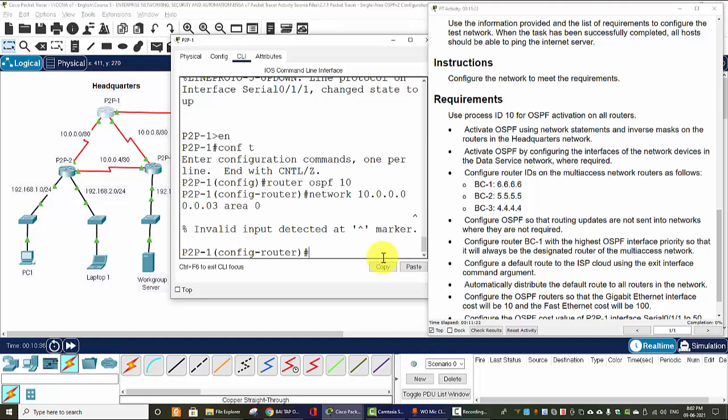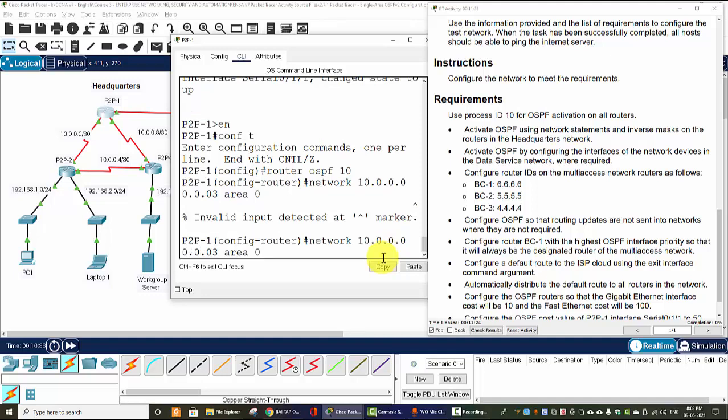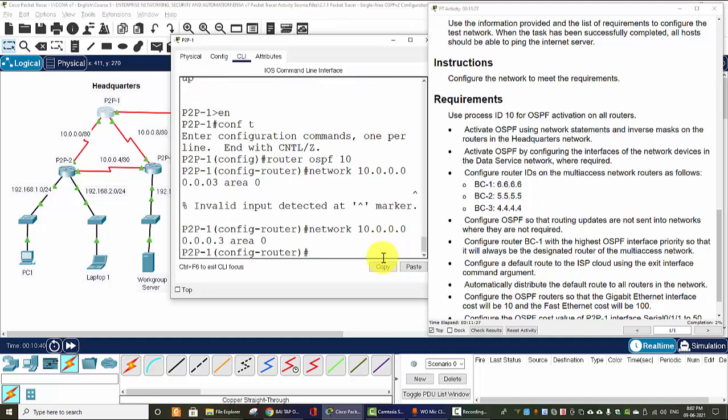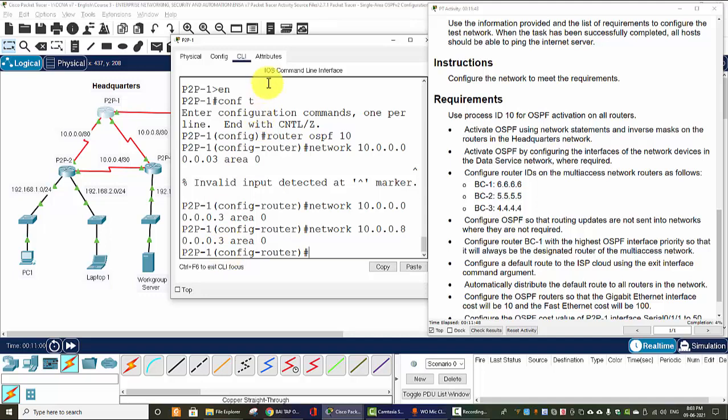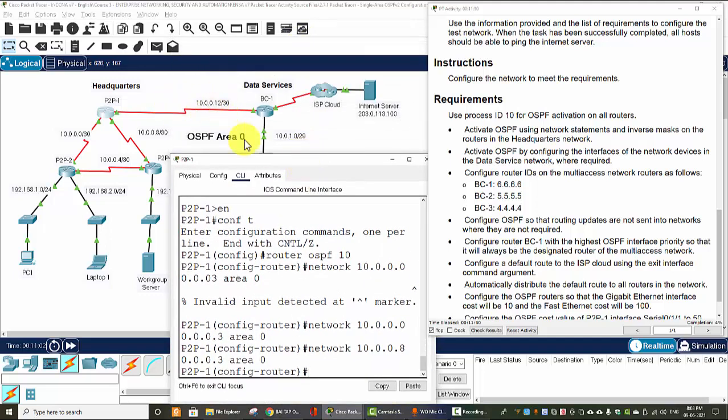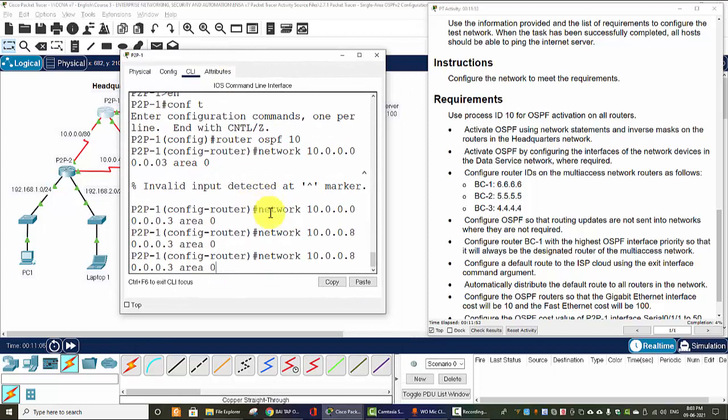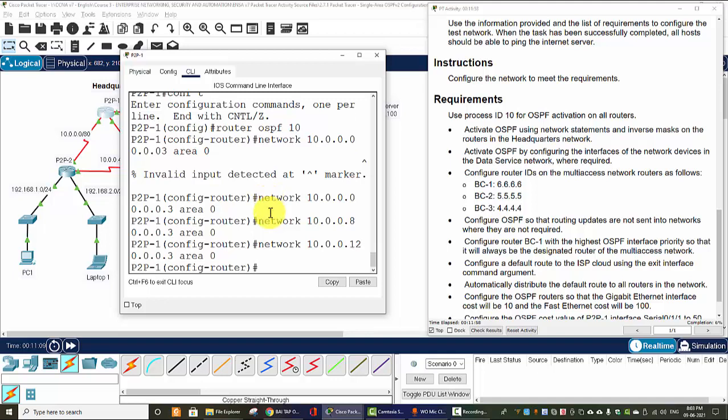Network, .3 area 0. The second network here, we will change the network address and keep the inverse mask or wildcard mask. And the third one here, we change the network address 12.